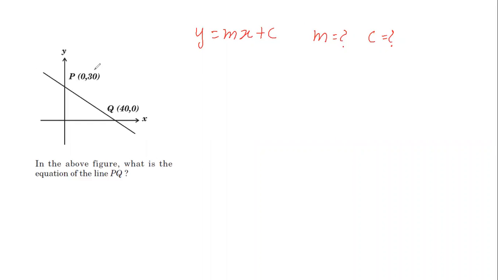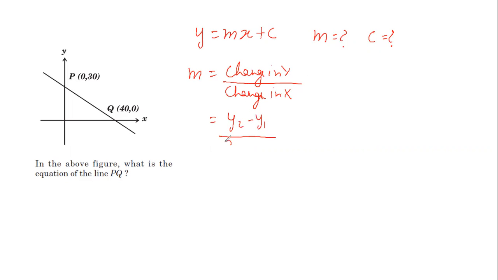So in this particular case, I already told you the formula for the slope, that is change in y over change in x. That's what we did in the last class. So that's y2 minus y1 over x2 minus x1.